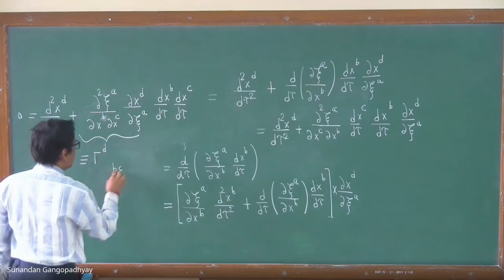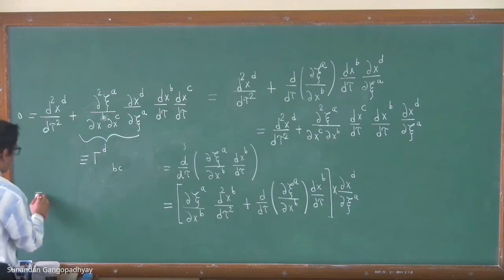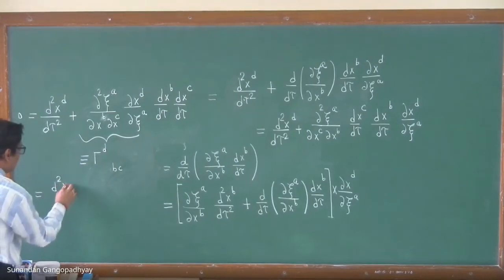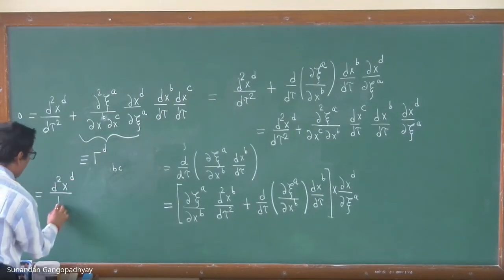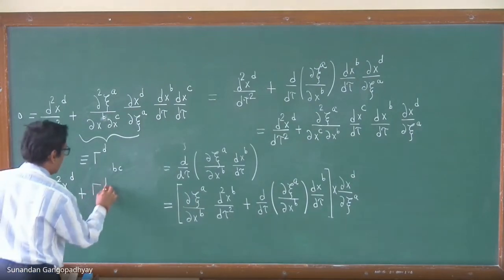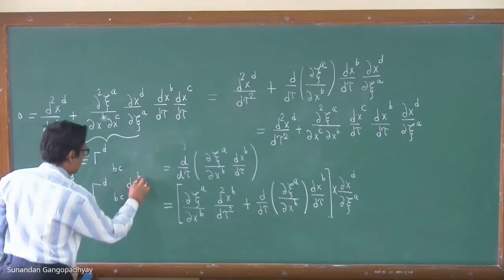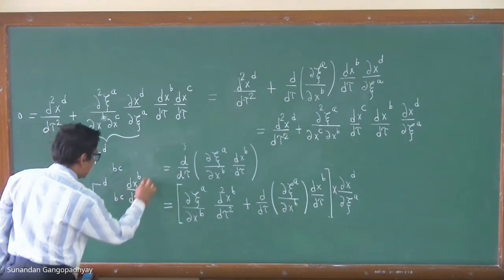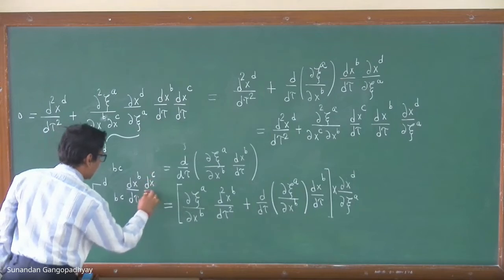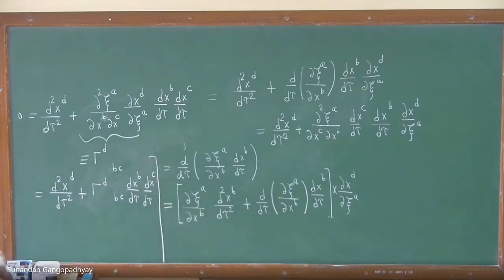So write this part as gamma, therefore d²x^d/dτ² plus Γ^d_bc dx^b/dτ dx^c/dτ equals 0. So you end up with the geodesic equation, the affine connection.